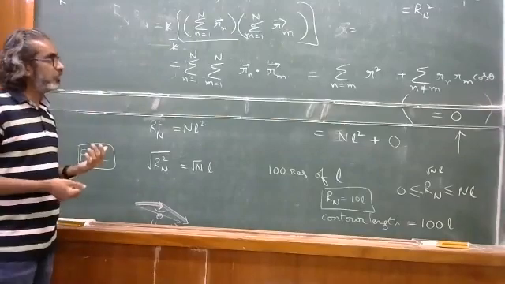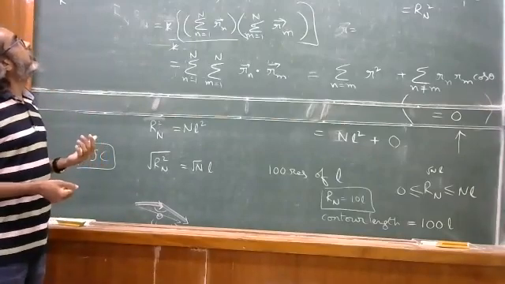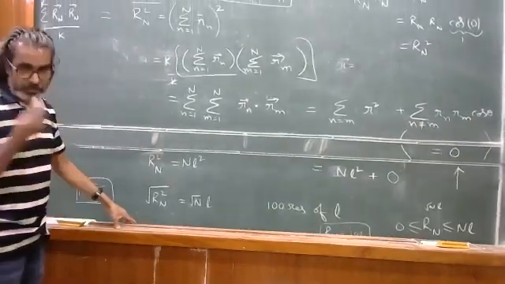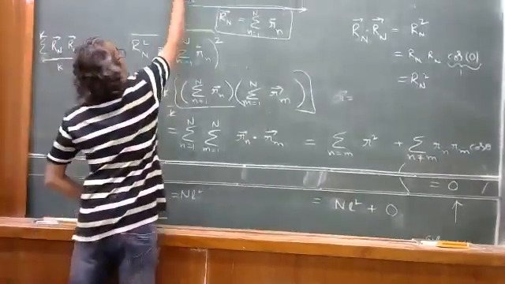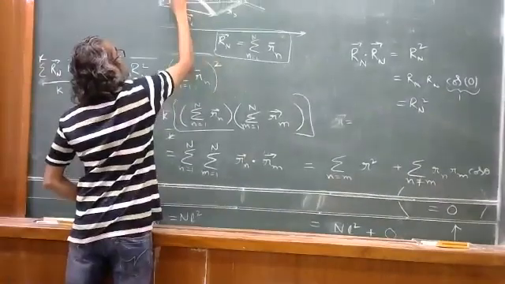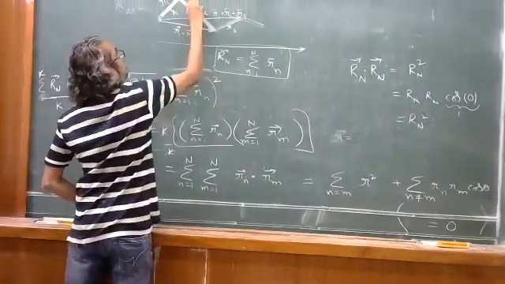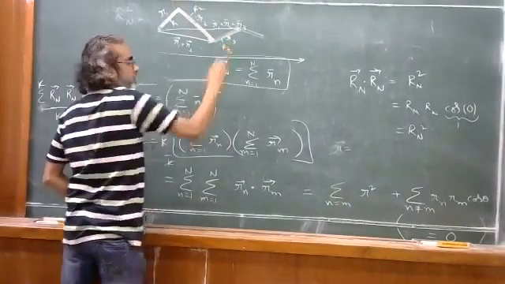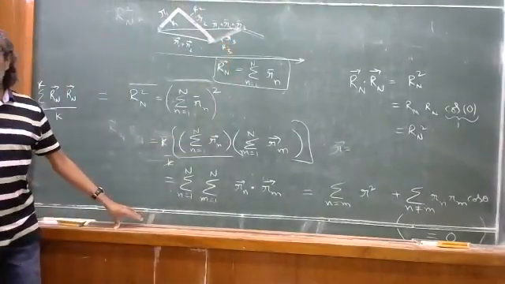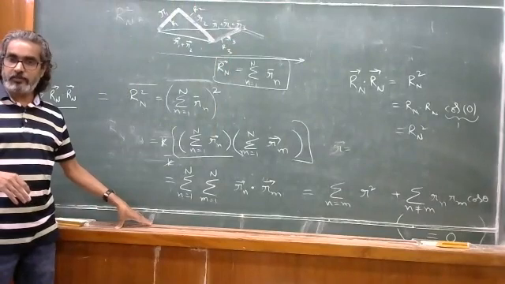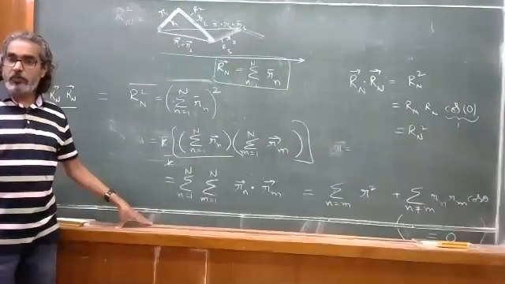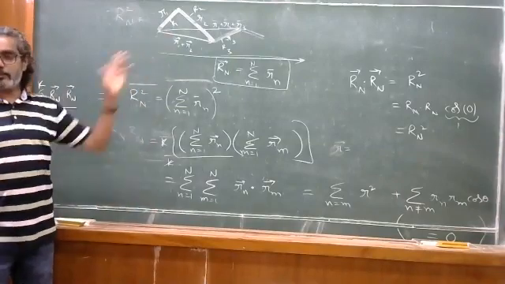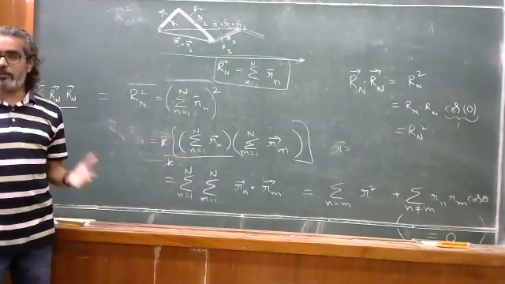Now, each segment in the peptide has the same backbone, but the side chains are different: there is R1 here, R2 here, R3 here. These side chains will bring in or remove ideality, because in this case we are saying that they are non-interacting.